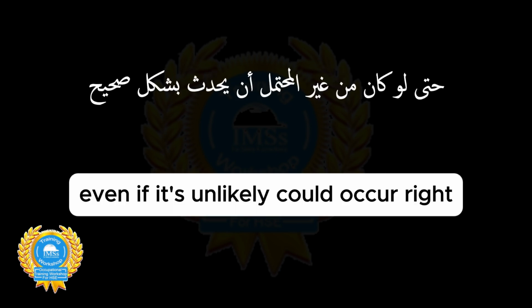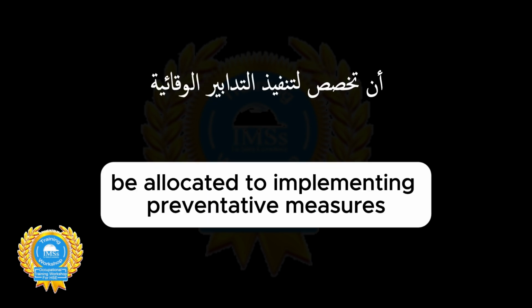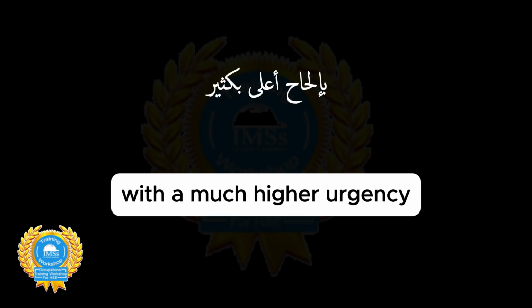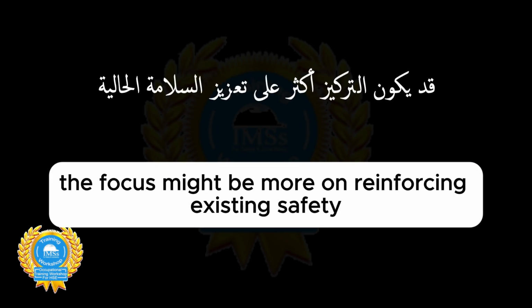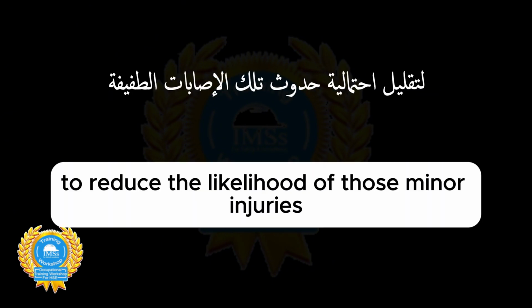You really want to understand why a potentially severe event, even if it's unlikely, could occur. Resources are probably going to be allocated to implementing preventative measures with much higher urgency than the second scenario, where the focus might be more on reinforcing existing safety protocols to reduce the likelihood of those minor injuries.